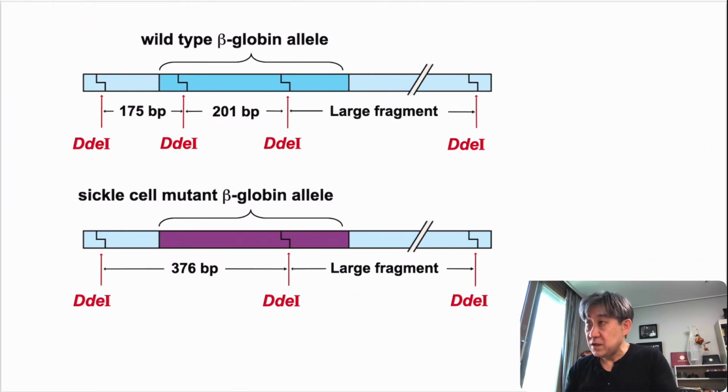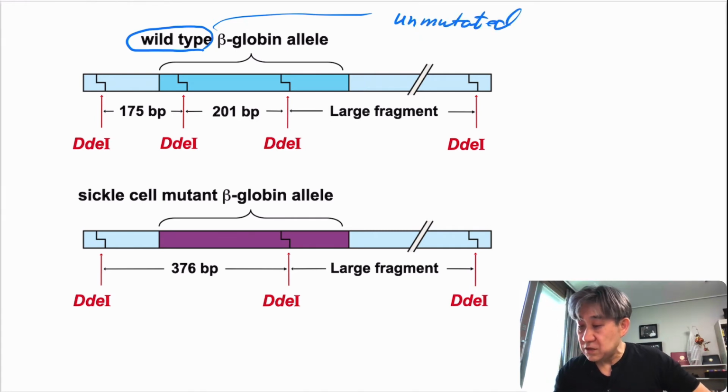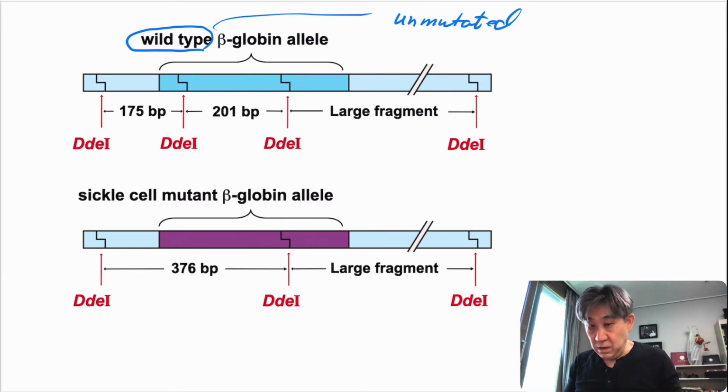So let's take a look at this example here. Wild type means so-called unmutated. Usually wild type is referred to as normal, but what is normal and what is abnormal? That's the reason why I really hate using the term normalcy. So I would rather stick with unmutated gene here.